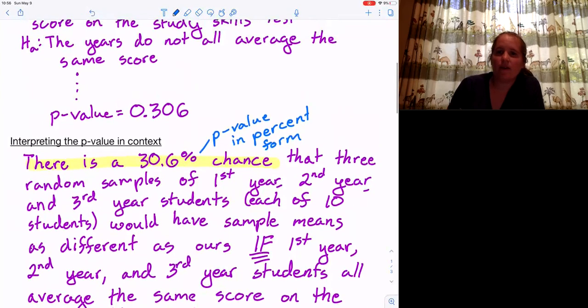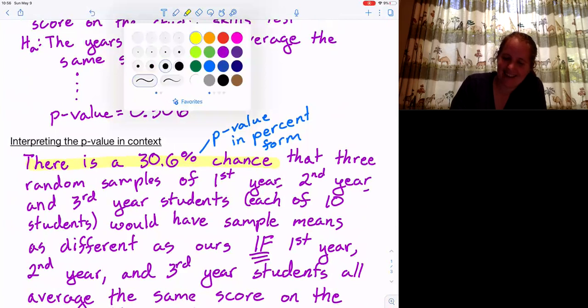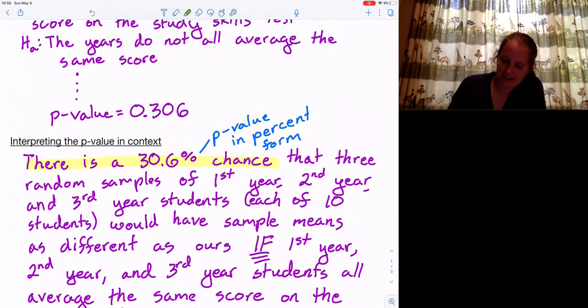So we have our p-value in percent form. Then from there, the 3 random samples of first year, second year, and third year students, each of 10 students.